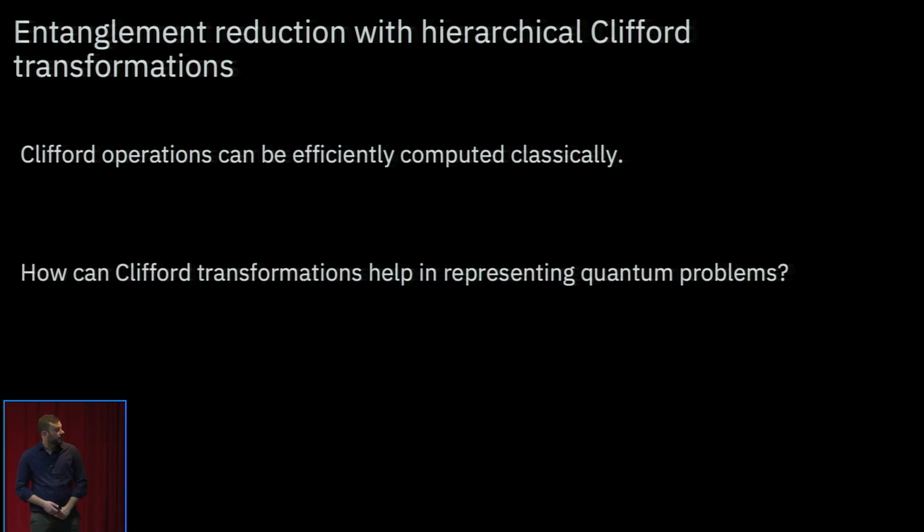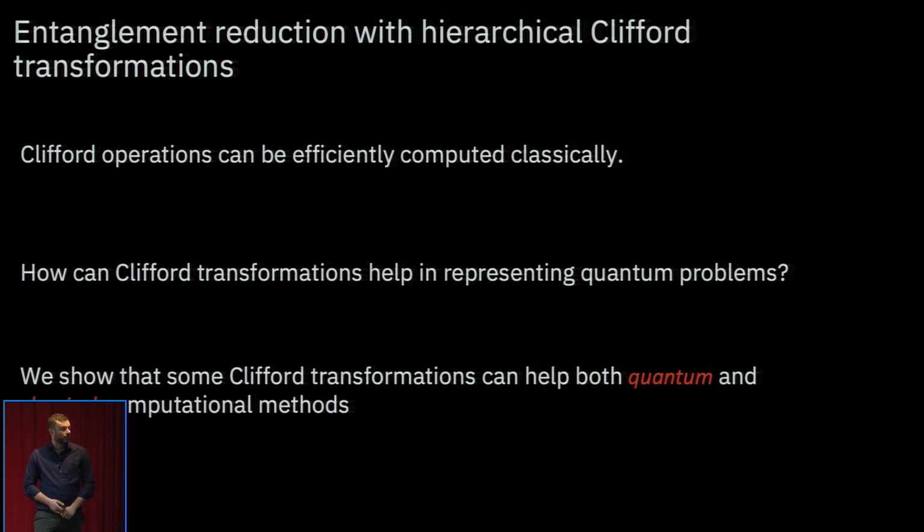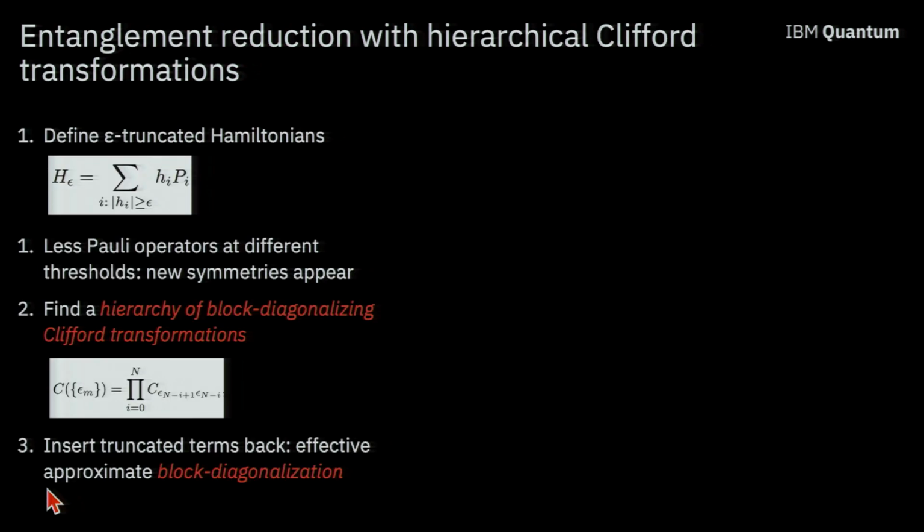And so we asked ourselves the question, how can Clifford transformations help in representing our quantum problem, especially if they can express a quantum problem in a basis which will make quantum and classical computations easier to perform to tackle that problem, right? So how do we do this?